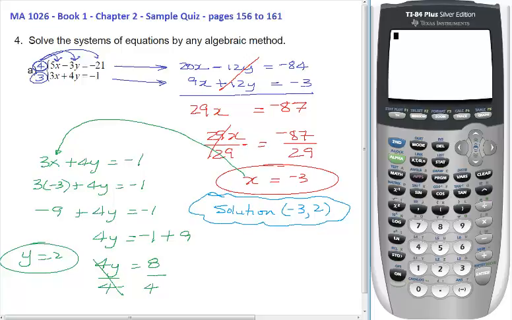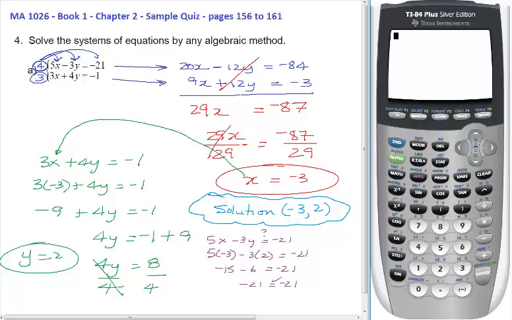If I do a check here, I'll substitute it into the top equation. Are these equal? So 5 times negative 3 minus 3 times 2, does that equal negative 21? Negative 15 minus 6, look at that. They are indeed equal. And you check the other equation.